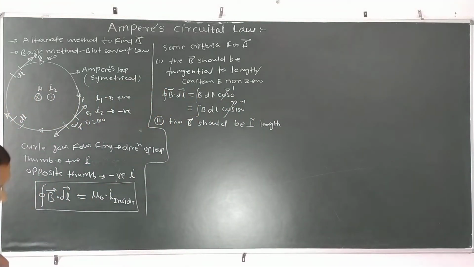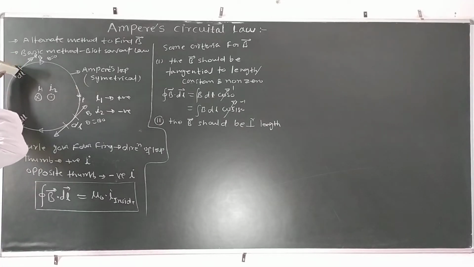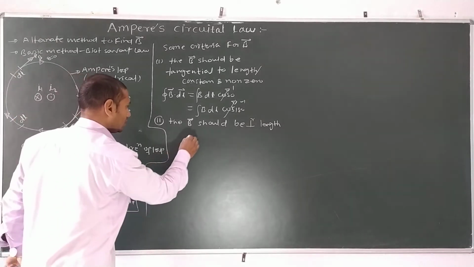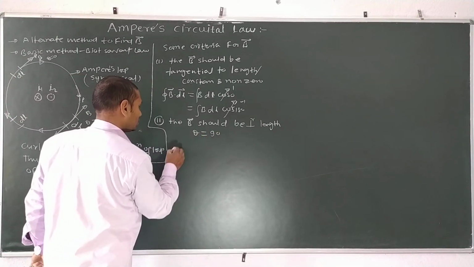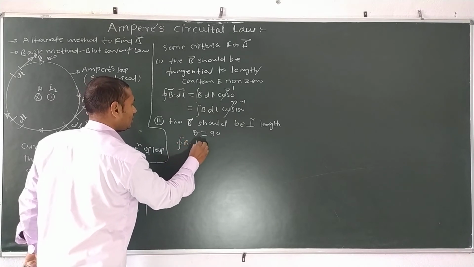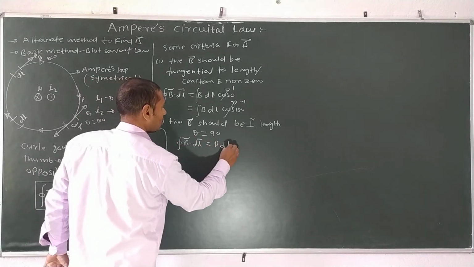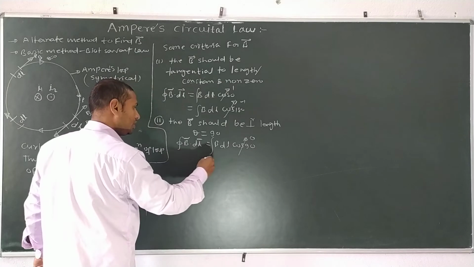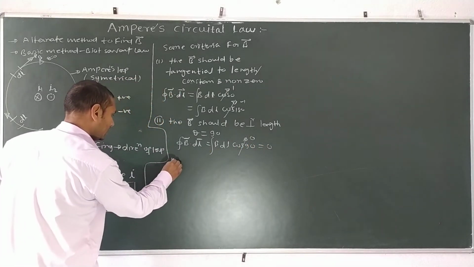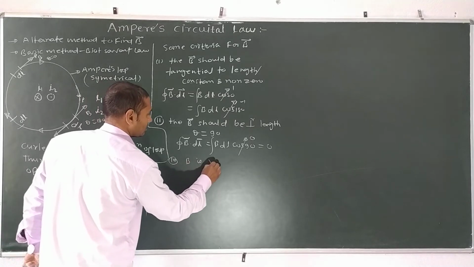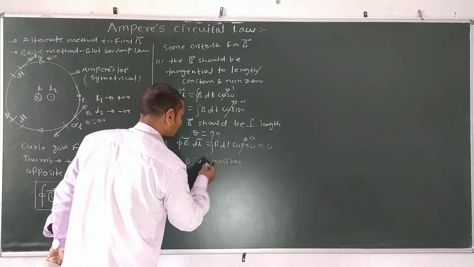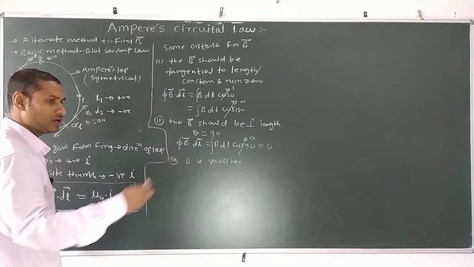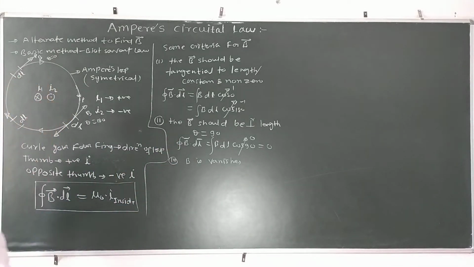If length is in the direction of tangent and B is perpendicular, then theta equals 90 degrees. The integration of B dl cos 90 degrees, and you know that cos 90 becomes 0, so B dl becomes 0. The third condition is that B vanishes, meaning no B appears here, so B dl becomes 0. This is the condition of B.